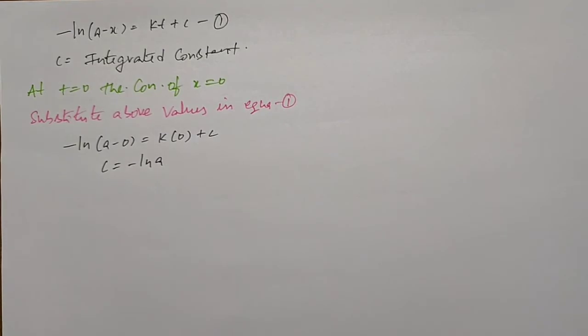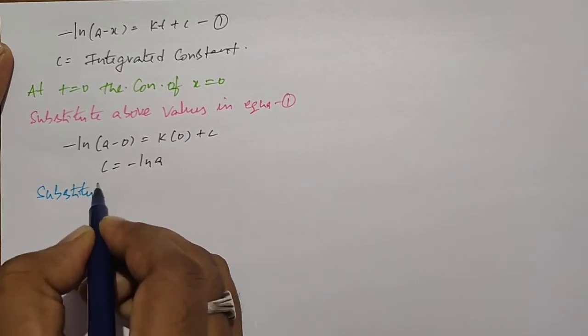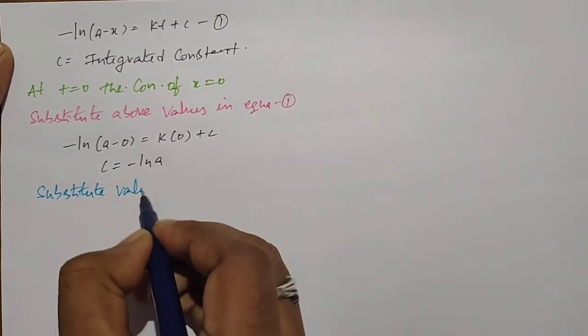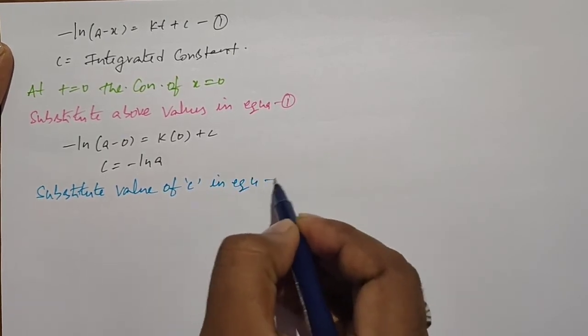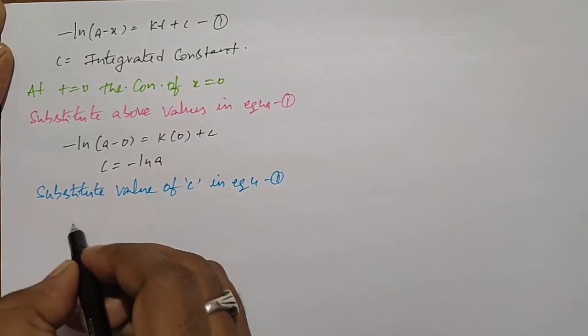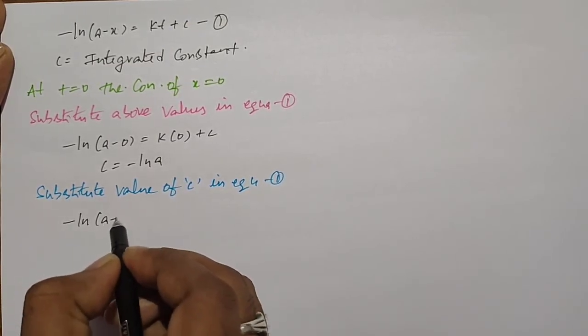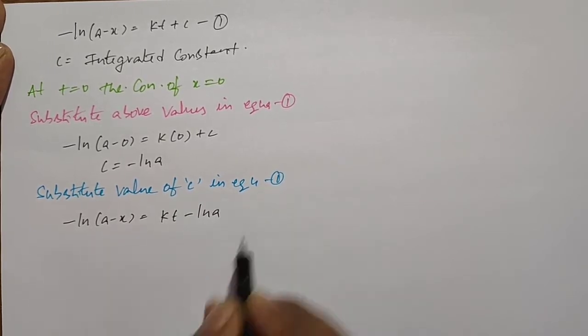Now substitute the value of c in equation 1. After substitution, we get minus ln (a minus x) is equal to kt minus ln a.